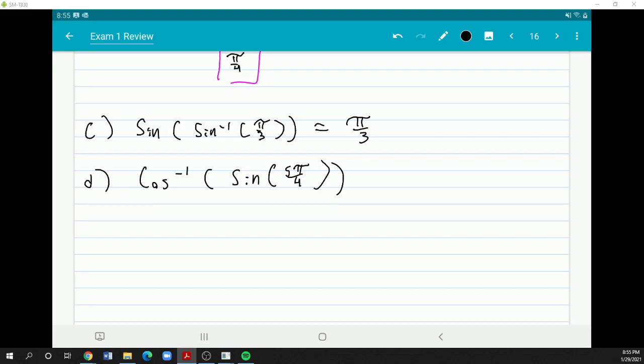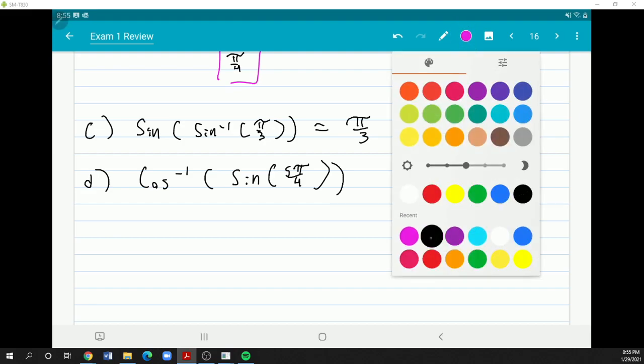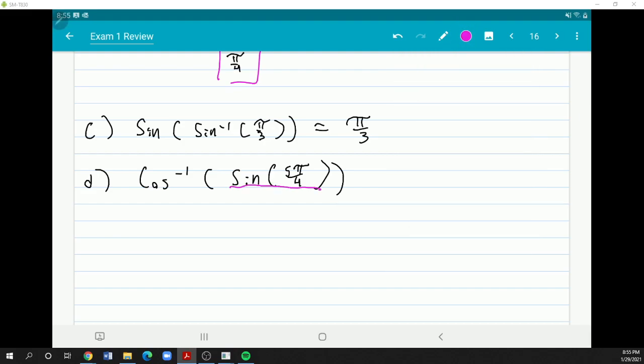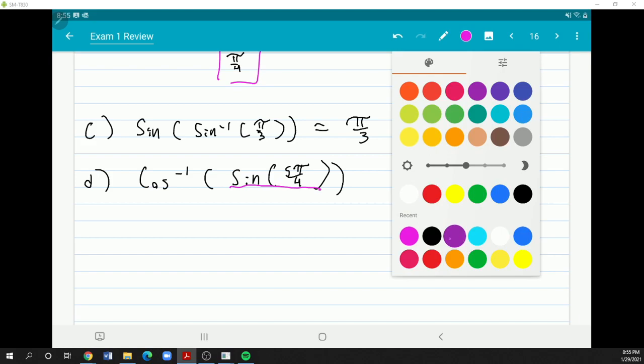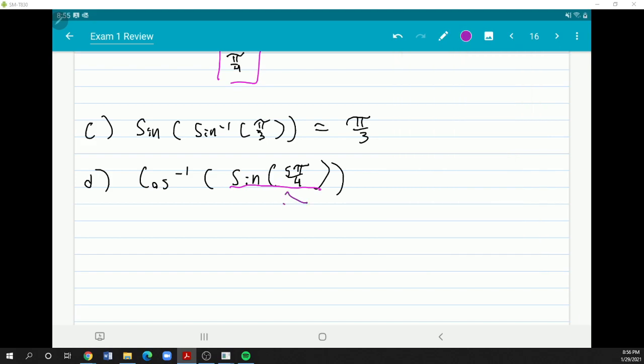So sine of 5 pi over 4, on the unit circle, is equal to minus root 2 over 2. And now we look at cosine inverse of minus root 2 over 2.